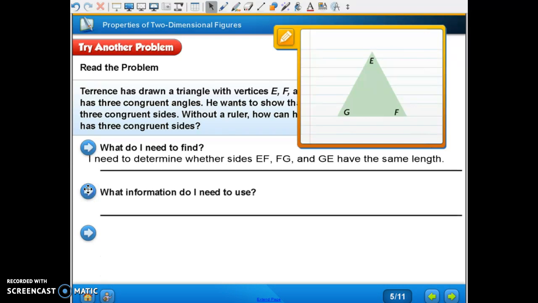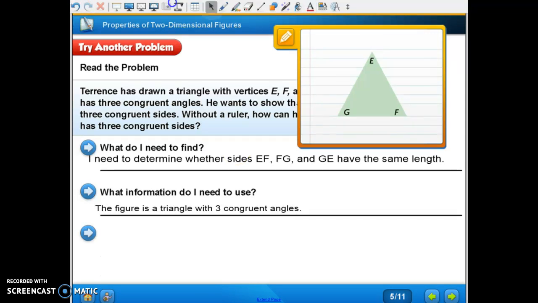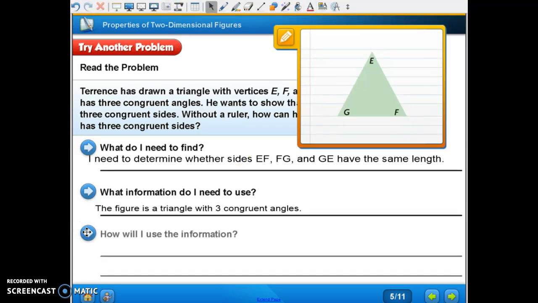What information do I need to use? The figure is a triangle with 3 congruent angles. How will I use this information?